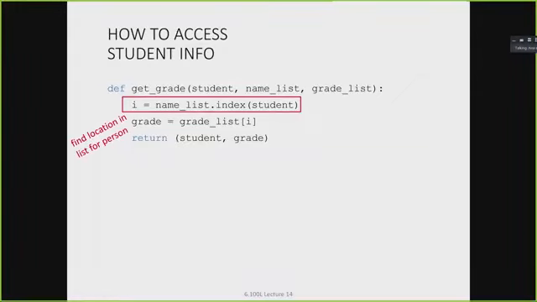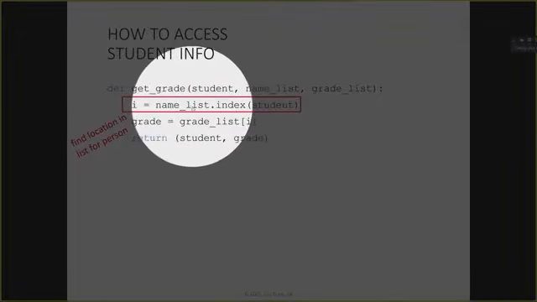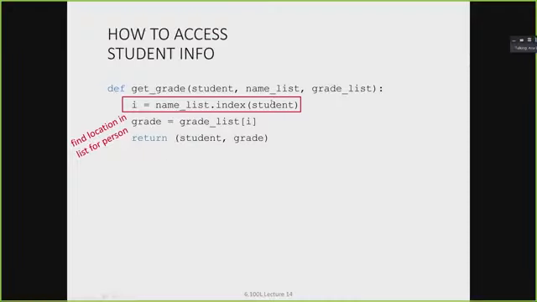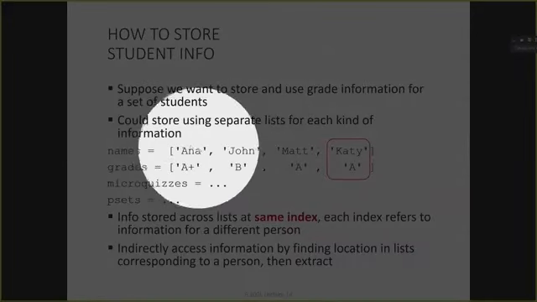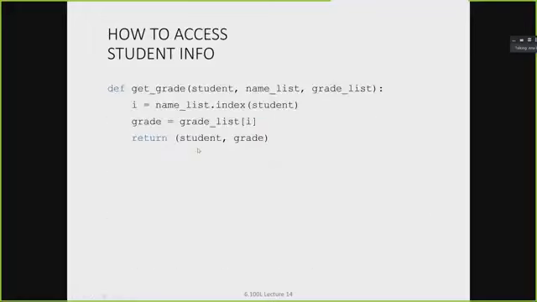So that's what this line of code is doing. It's using this index function on the name list with a parameter, for example, Anna. So this will return for us the index where Anna is in my list. So from the previous example, it's going to return the number 0 because Anna is stored in the name list at index 0.